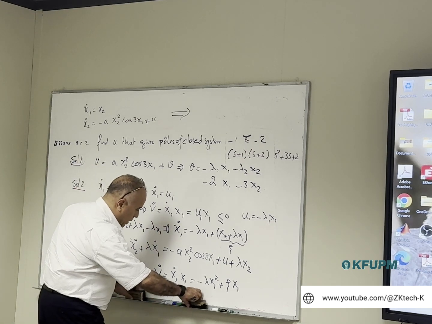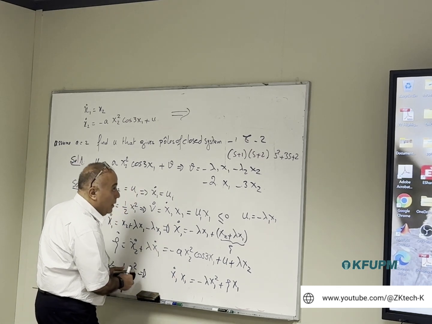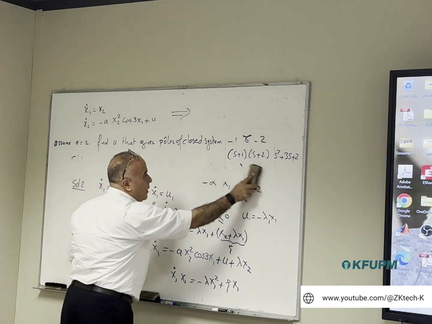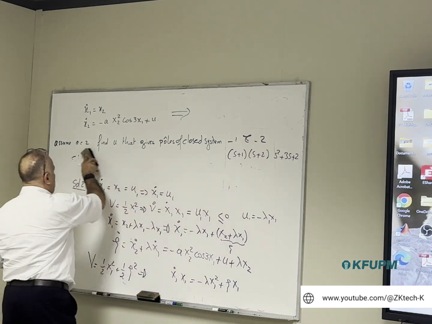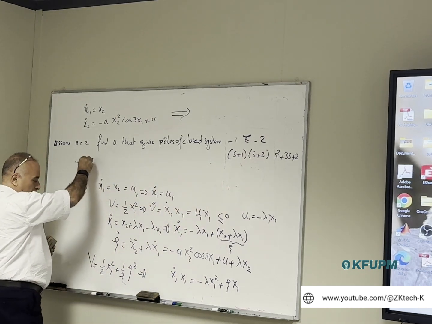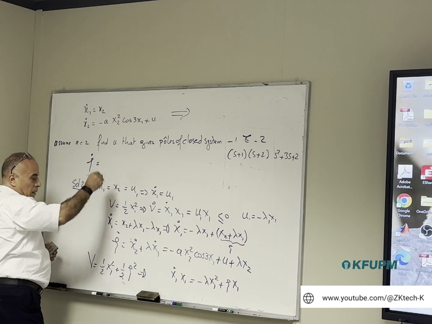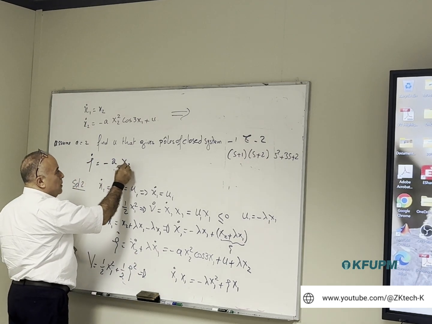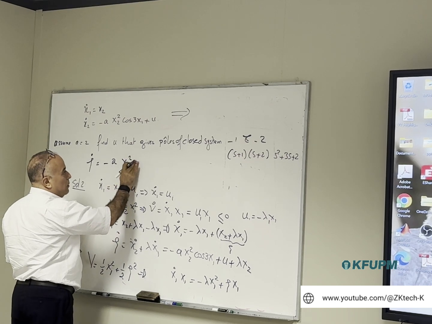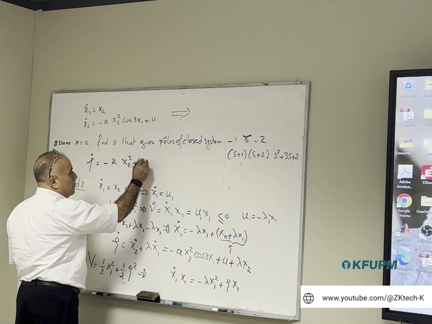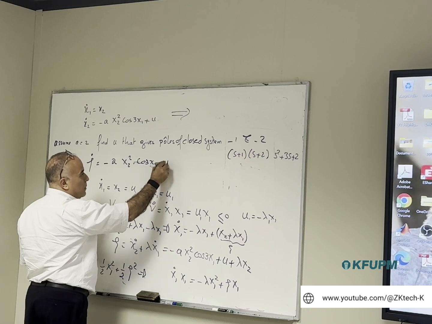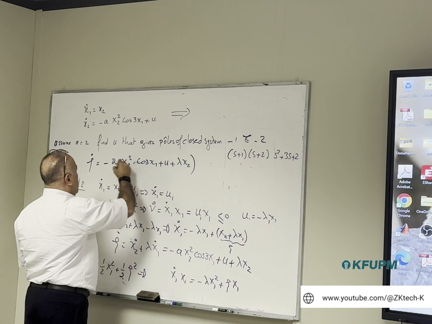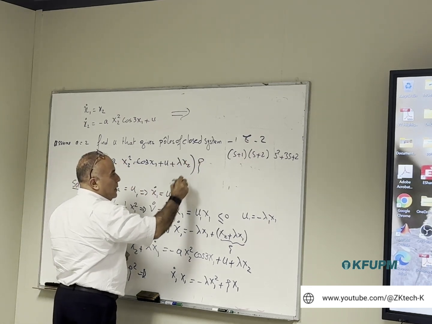So this is only x1 prime times x1. Then we have zeta prime times zeta. Zeta prime is equal to this part, minus a x2 squared cosine of 3x1 plus u plus lambda x2, multiplied also by zeta.